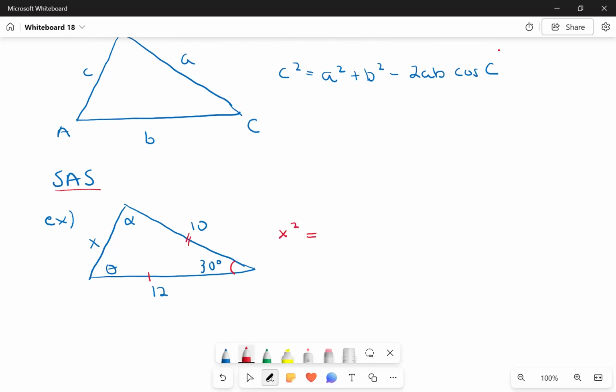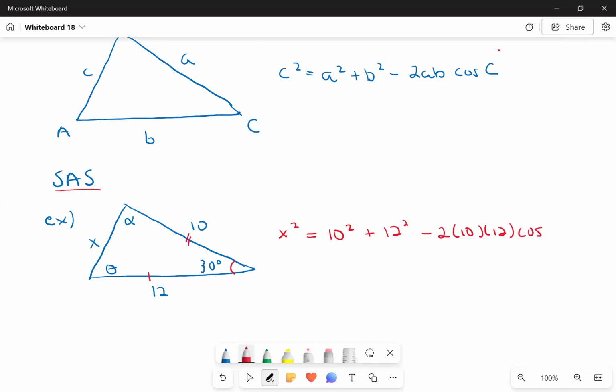And here it doesn't really matter which one we assign A or B. So I'll call the A side 10, matching the triangle above, plus 12 for the B, so 10 squared plus 12 squared, minus 2 times 10 times 12 times the cosine of 30 degrees.